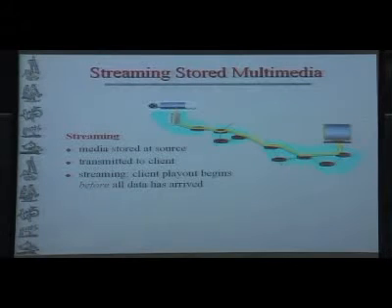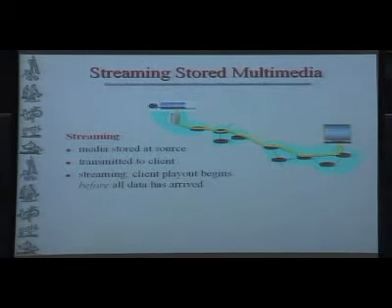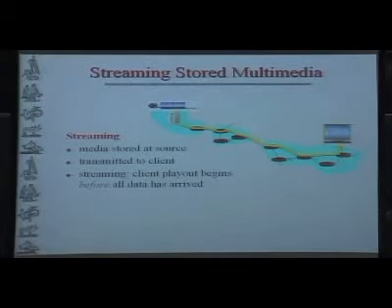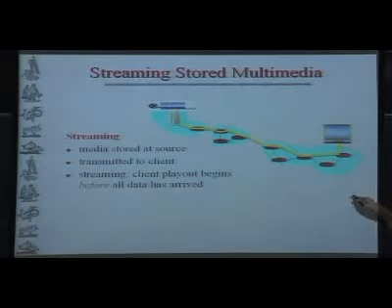The challenge is that the client starts to play before the data has arrived. So maybe there's a buffer at the beginning, and the key is to reduce the buffer, to reduce the wait time. Ideally, you would like the client to play immediately when they hit the play button. But most of the time, that's not achievable because we don't have the communication bit rate, and there's a lot of latency in these nodes.